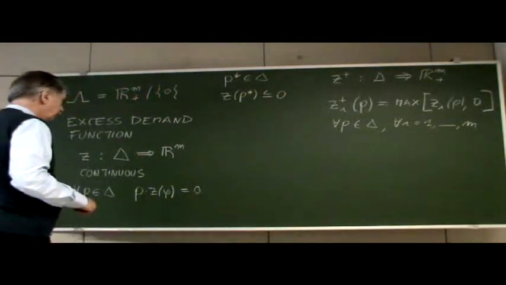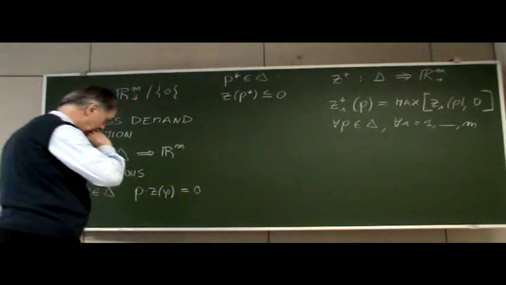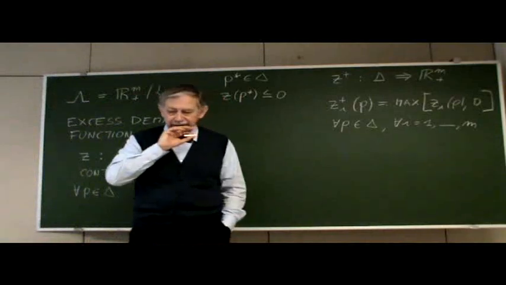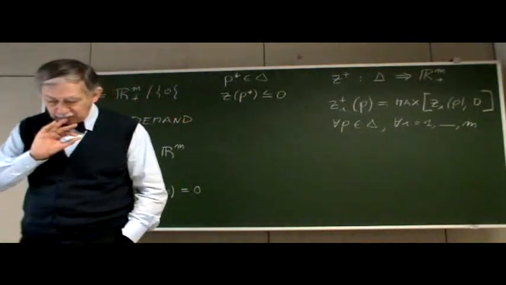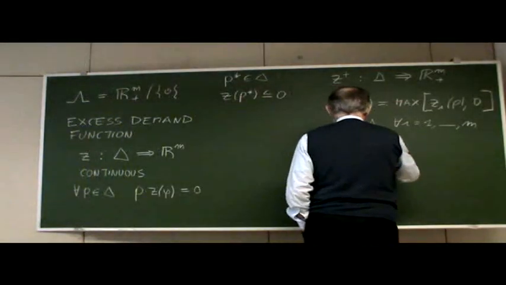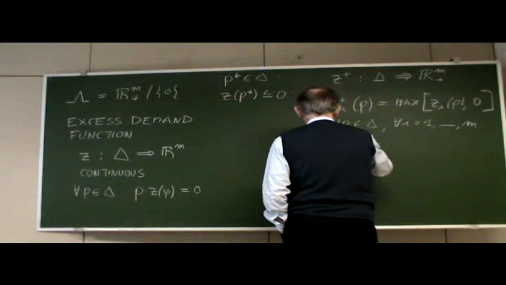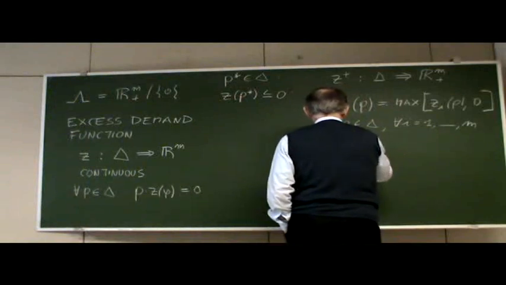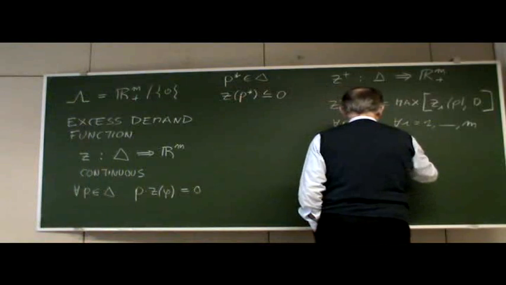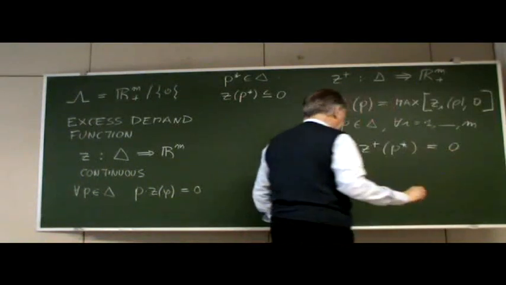Well, in order to prove the existence of equilibrium, at this point it is sufficient to show that there exists a p star in delta such that z plus of p star is equal to 0.